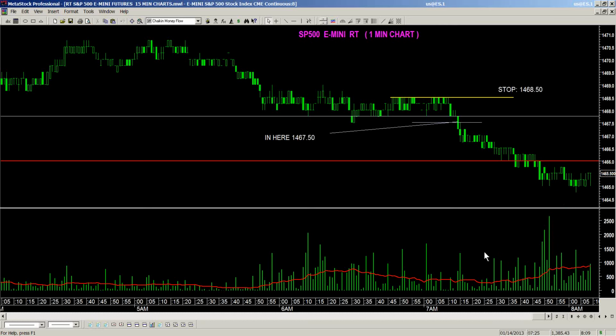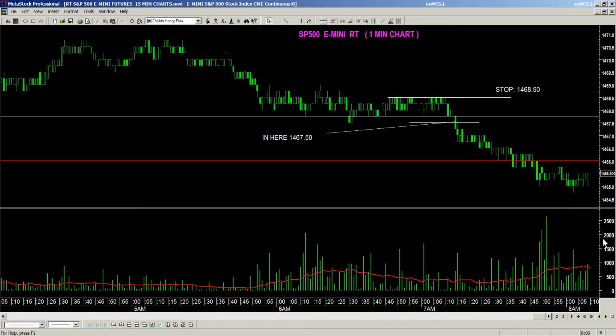Unless prices flatten out, the indicators flatten out and may start to trade up. We'll see. If that's the case, we'll be out of this and lock in a profit at 1465.50.